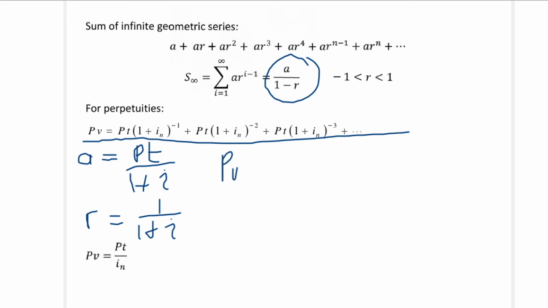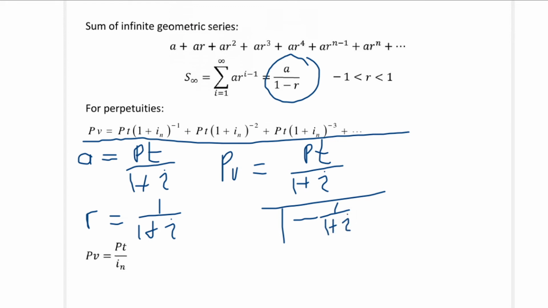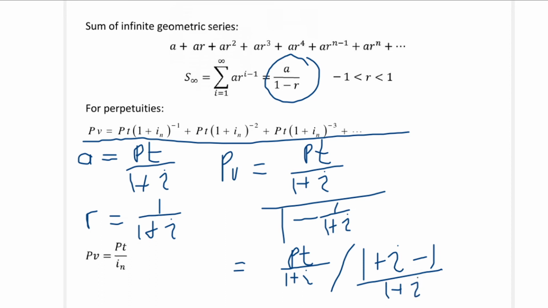And now we can substitute it into the formula. So the present value will be A, and then we divide it by 1 minus R. So my R is 1 over 1 plus I. Okay, and then some of the terms will again cancel out.